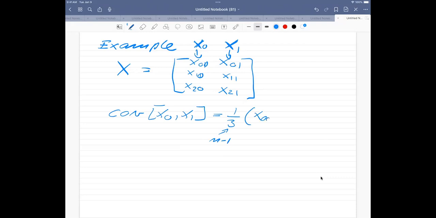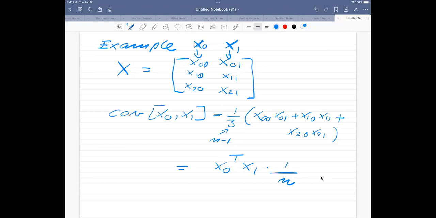So we have x00 x01 plus x10 x11 plus, so I hope you don't find this too boring, but I do this because I wanted to show you that this is the same as x0 transpose times x1, multiplied by 1 over n.